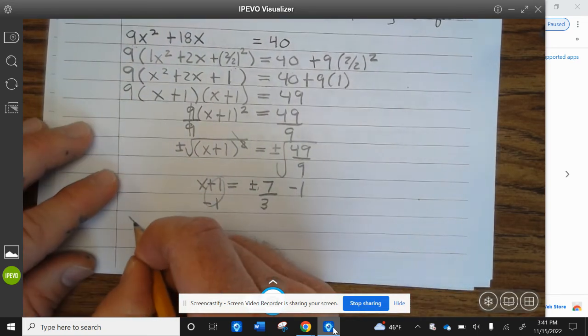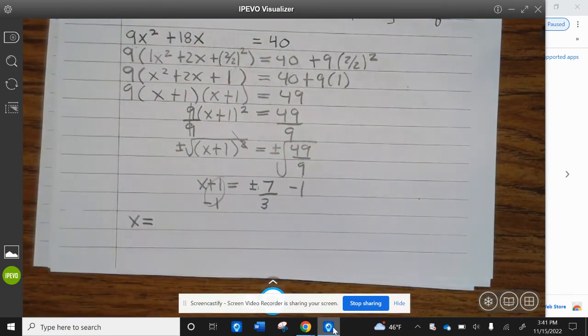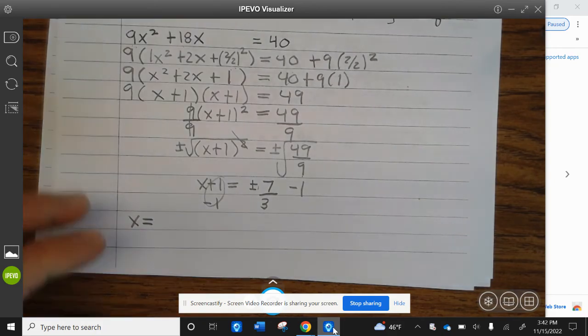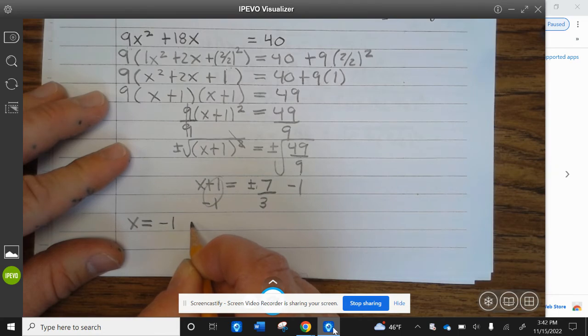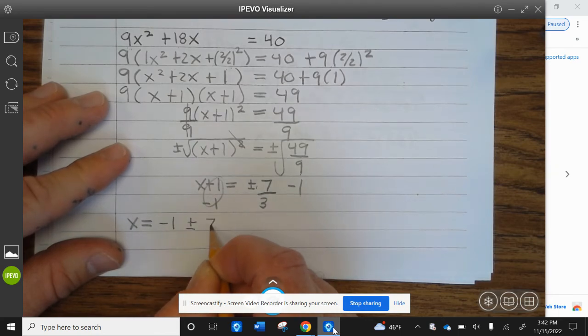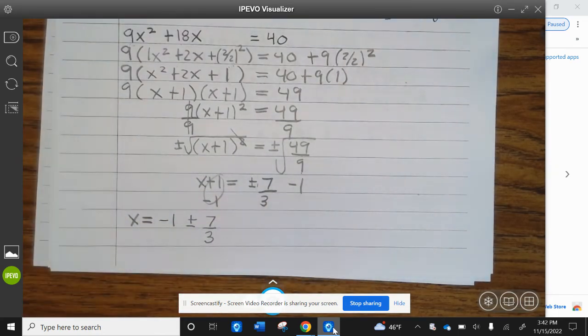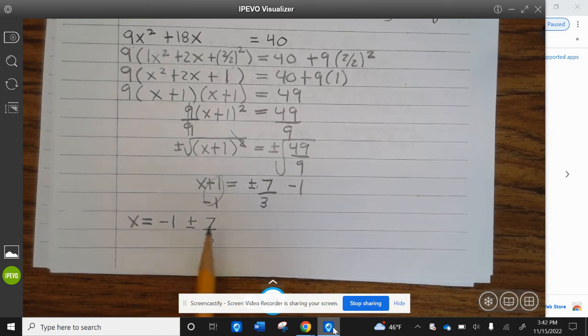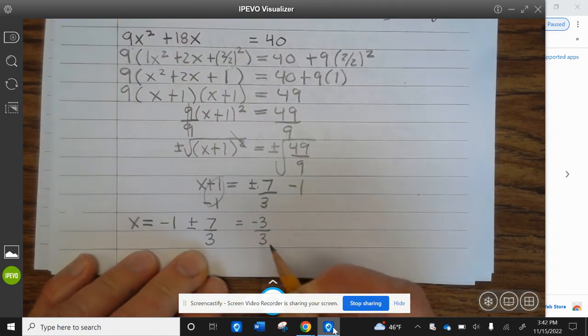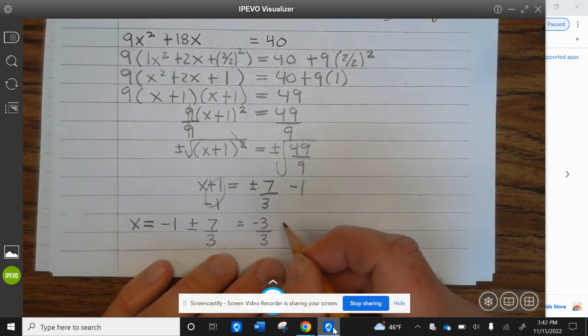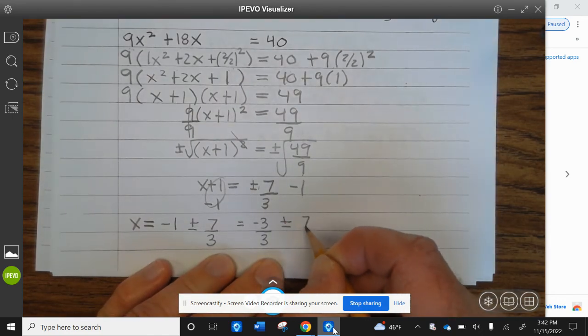So you get x equals, now I'm going to go and put the negative 1 in front. So it's negative 1 plus or minus 7 divided by 3. Well, in order to combine these, we need to have the same denominator. Well, we can write 1 as 3 divided by 3. So this can be written as negative 3 divided by 3 plus or minus 7 divided by 3.